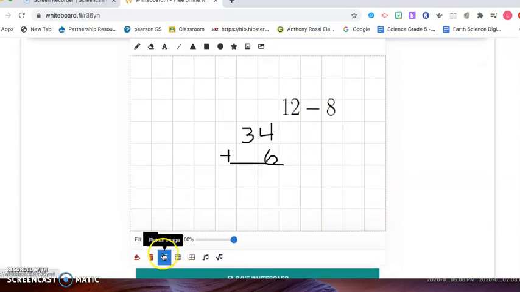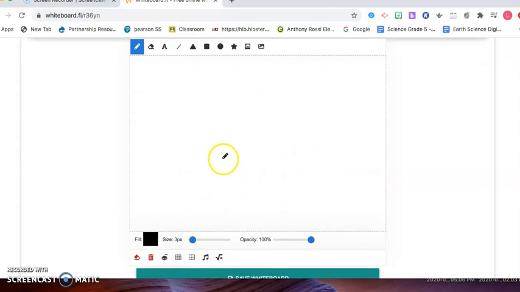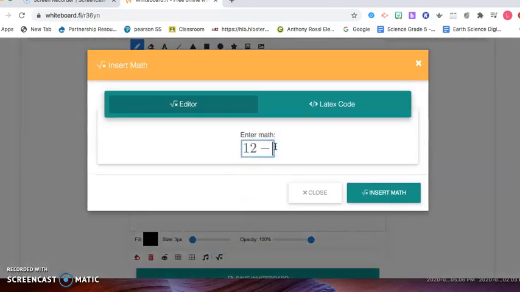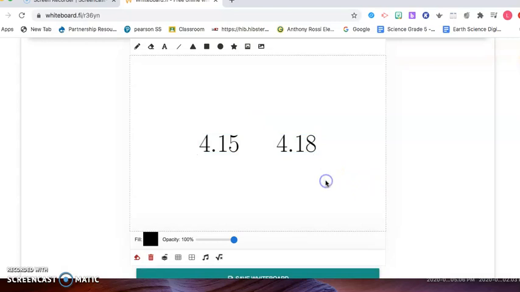So today, I'm going to erase this. What we did today was we did a few problems. So the first problem that we did was we compared two decimals. So we compared 4 and 1500ths to 4 and 1800ths.